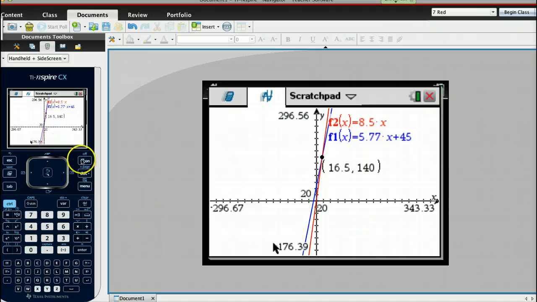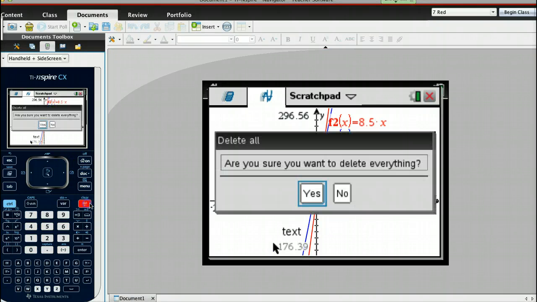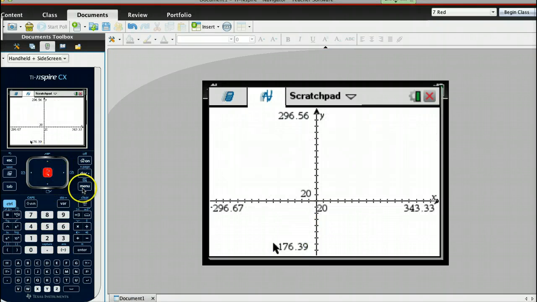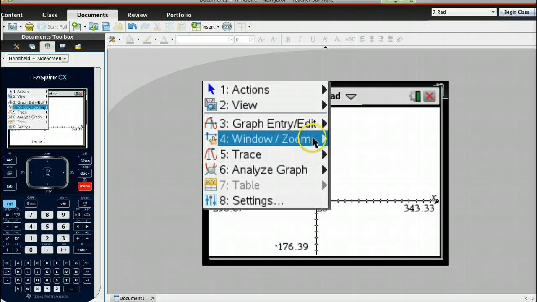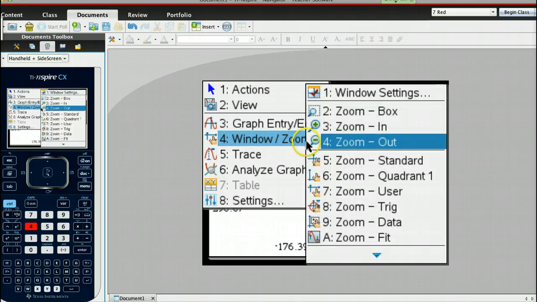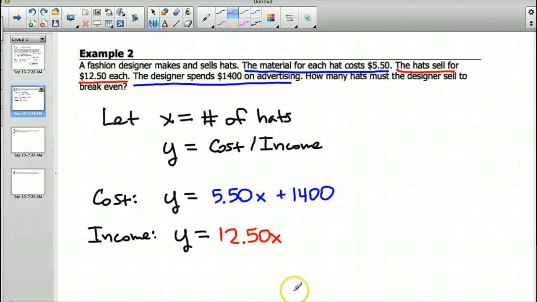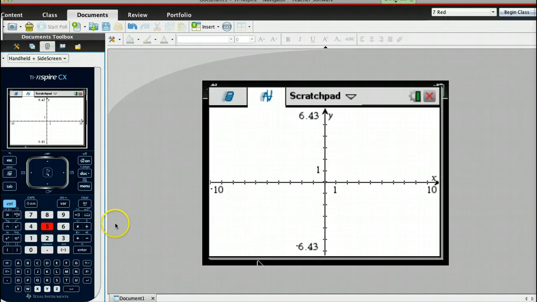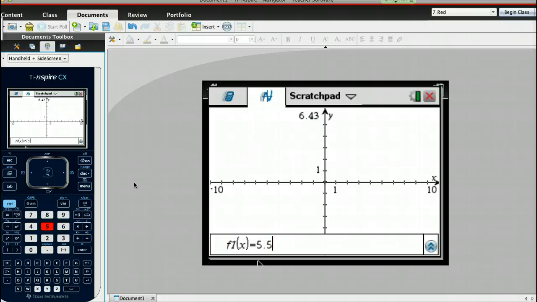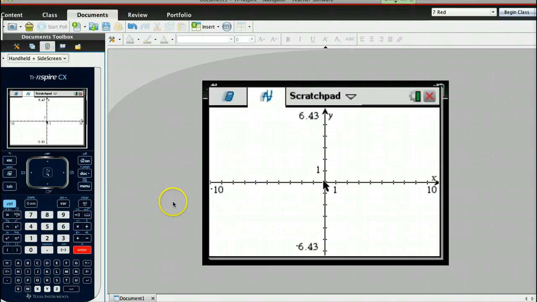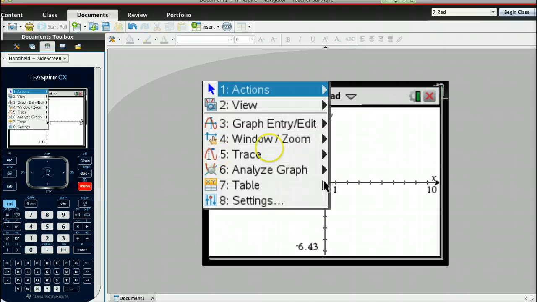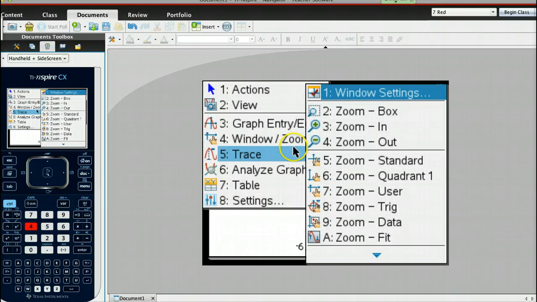So now I can go back to my graphing screen, clear these graphs, go back to my normal window settings, and we'll graph these new equations. My first one is Y equals 5.5x plus 1,400. For that one I'll probably need to zoom out a little bit to see it.